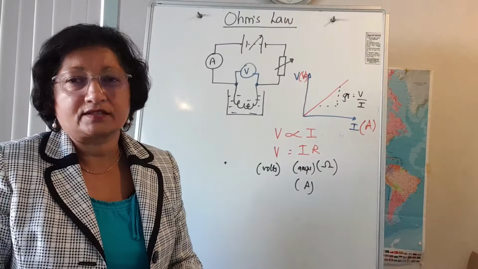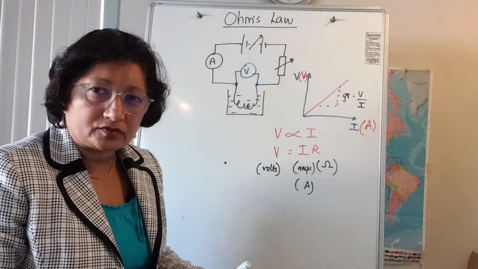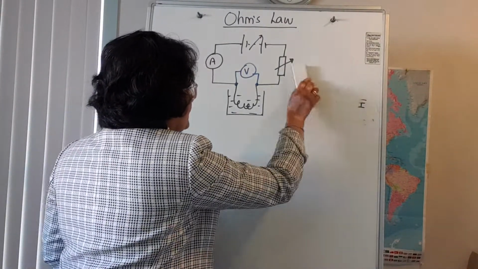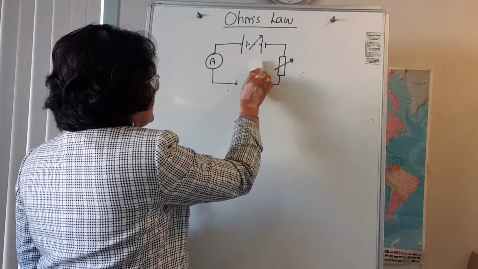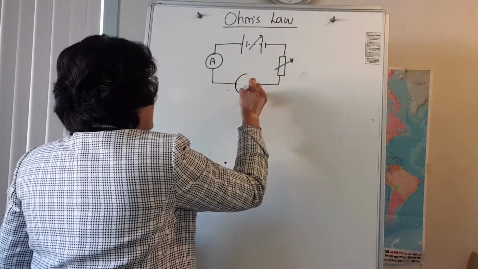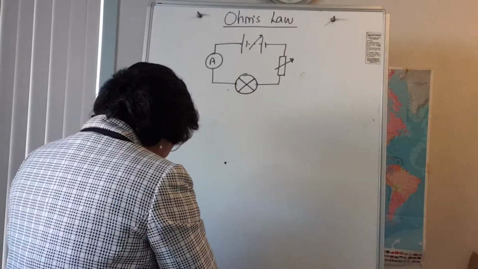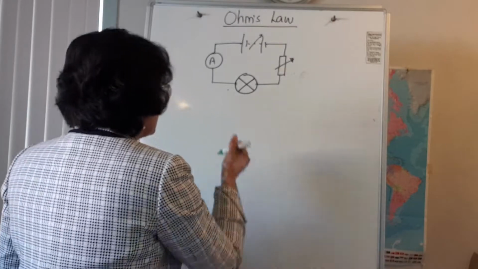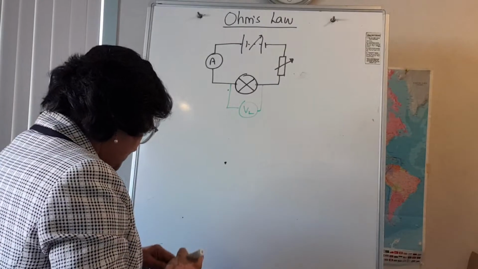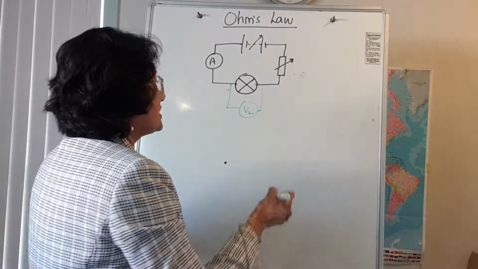However, just for further information, there are many things that don't really obey Ohm's law. For example, in year 11, you may have done this where you replaced this coil of wire in water with a lamp. You can't dip the lamp into water. And if you measured the voltage across the lamp for different currents and you plotted a graph, your graph would not have given you a straight line.